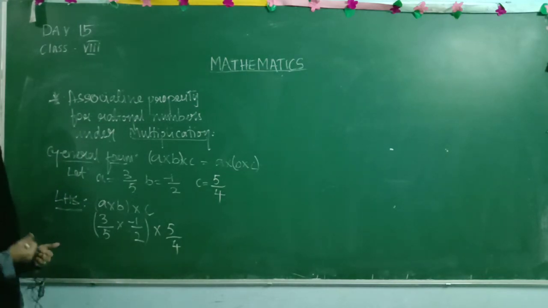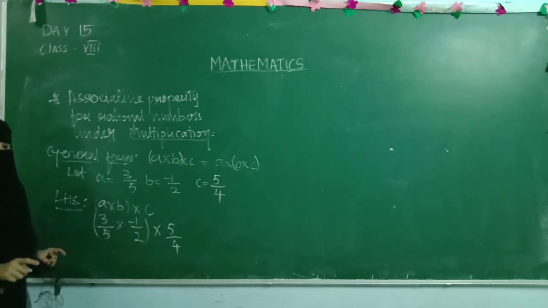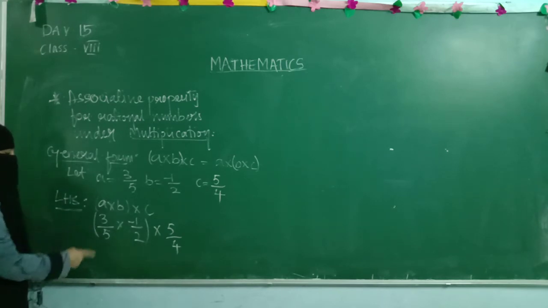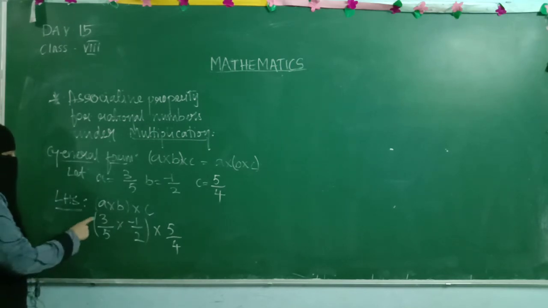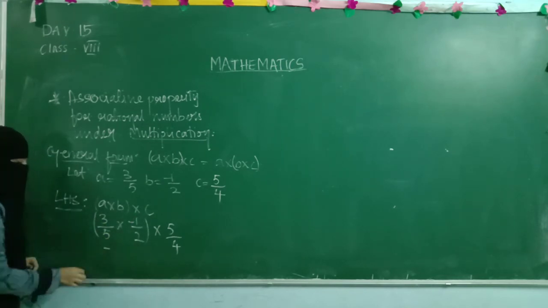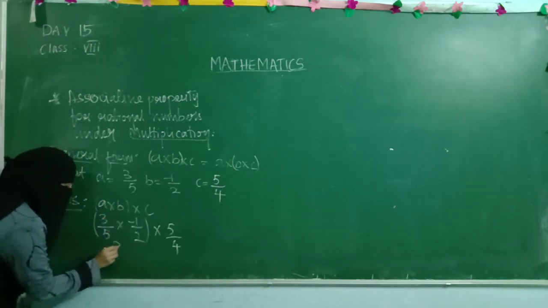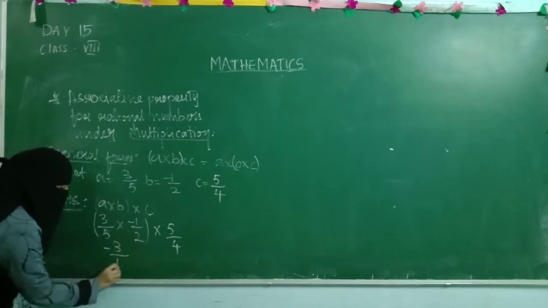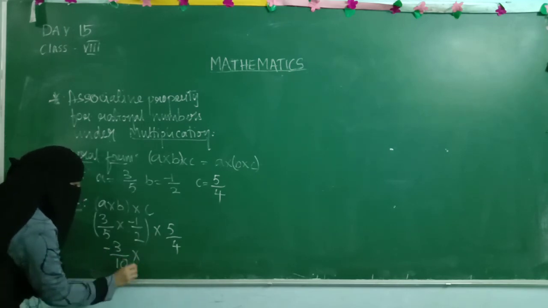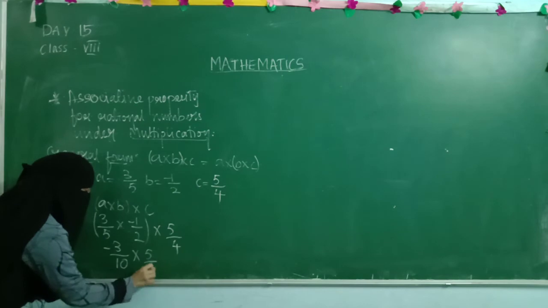Whenever we are multiplying numbers, we first focus on the sign. When there is no sign on the number, it is always positive. Here the sign is given, so this is a negative number. So plus into minus, you write minus. Directly we can multiply: 3 times 1 is 3, by 5 times 2 is 10, into 5 over 4.